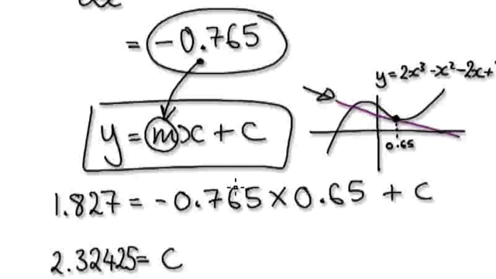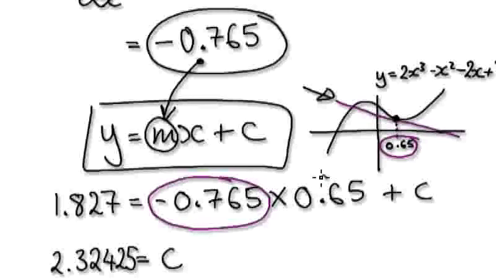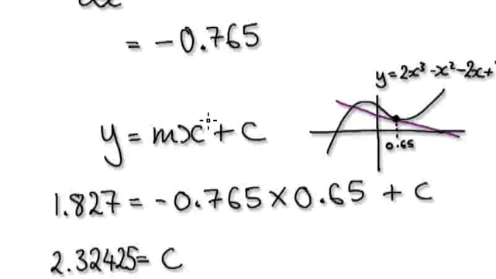This is your gradient here, and x is this point here. Remember, at the moment we've got the gradient. So all we need to know is one point on the line. Then we can work out c, the intercept.